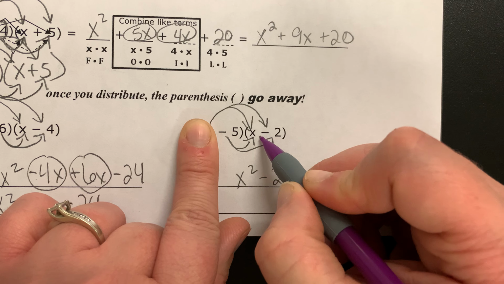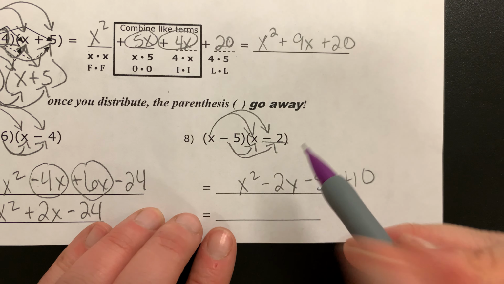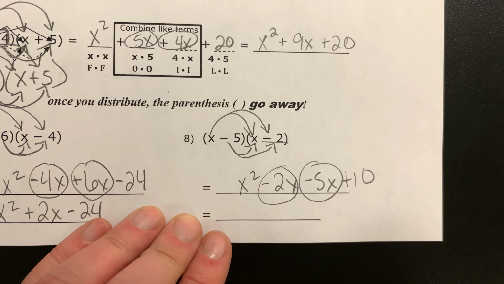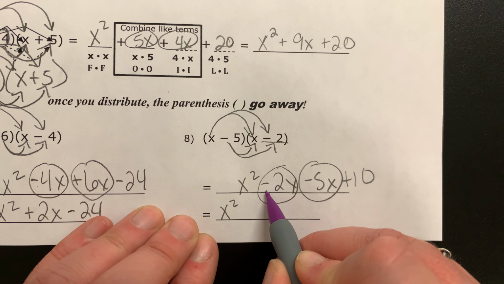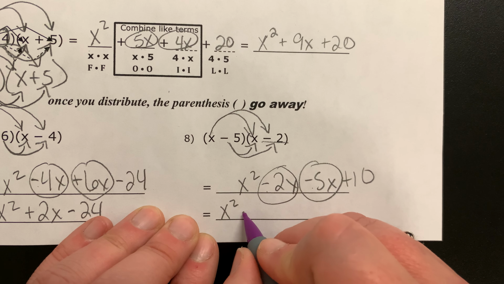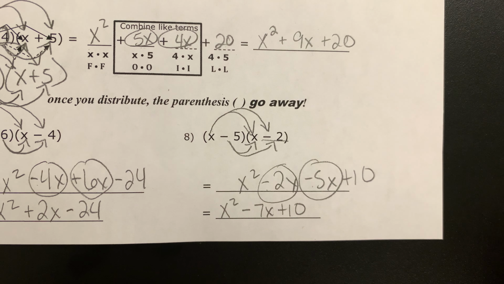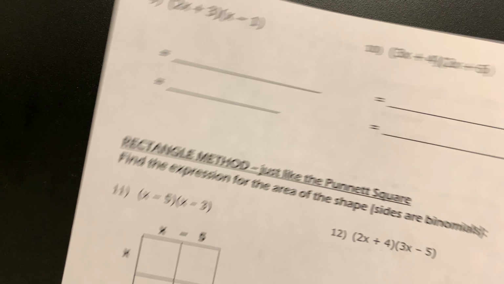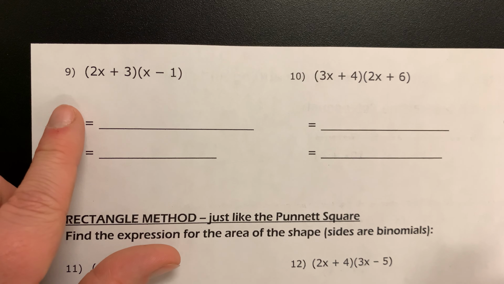Negative 5 times negative 2 is positive 10. Now I can combine my like terms. So I have no more x squareds. Negative 2 minus 5 more is negative 7x, and bring down my positive 10. All right, we're going to keep going.